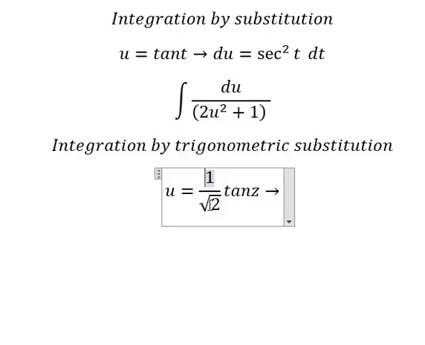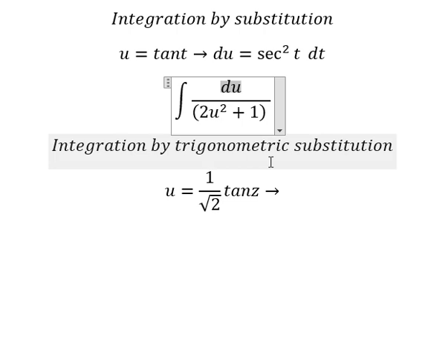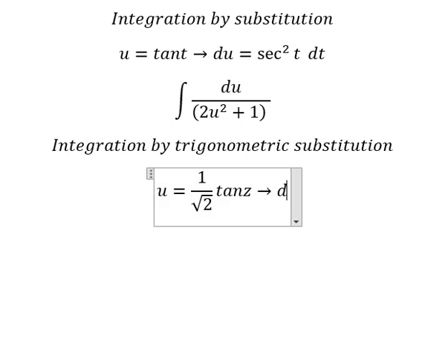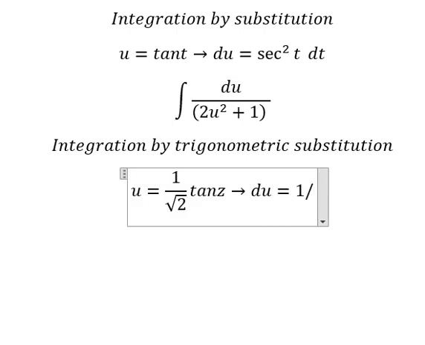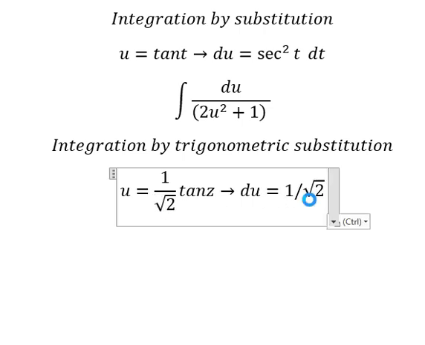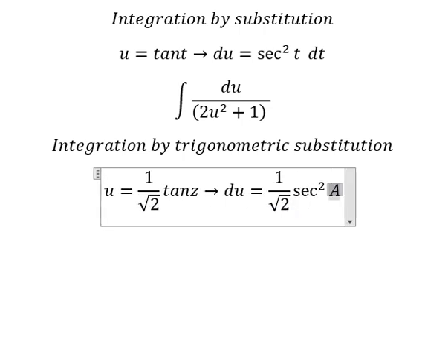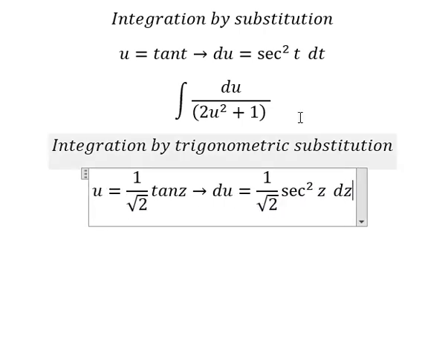Number 2 and number 2 we cancel. Tan squared z plus 1 we change for secant squared z, and later we simplify this one. The du, that is 1 over the square root of 2 secant squared z dz.